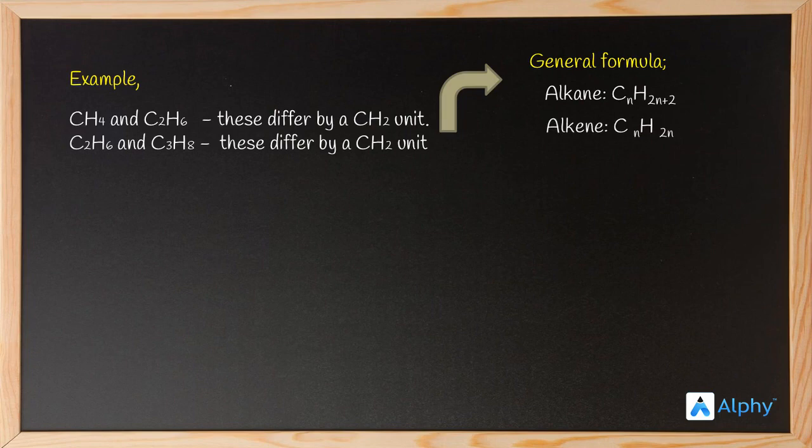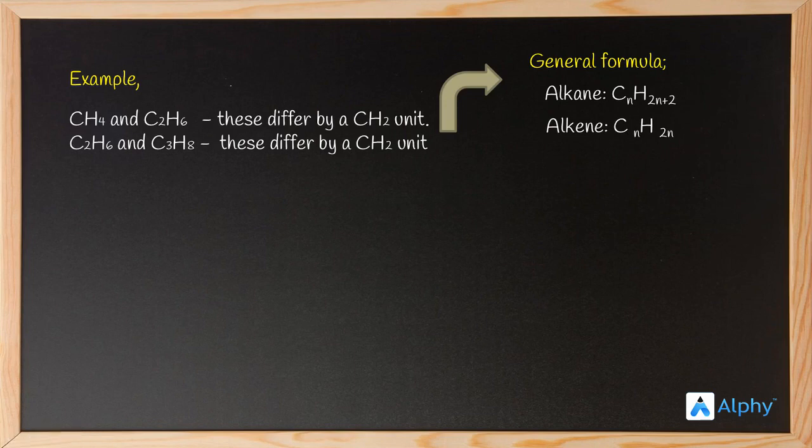The general formula of alkene is CnH2n. Take an example, ethene. Eth means 2, so let's substitute 2 here. C into 2 is C2. H into 2 into 2 is 4. So it's C2H4, the formula for ethene.